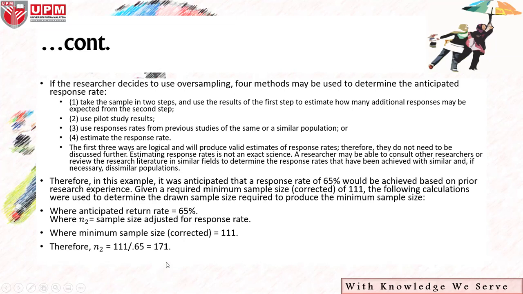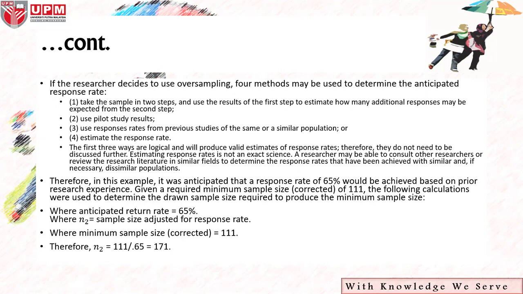So we got 171. 111 bahagi 0.65, bahagi 65%, kita dapat 171. So this is the final sample that we need to distribute. This 171 should be the final number of sample that we distribute to our population in the hope that at the end of the day we have at least 111 in our hand. Faham?